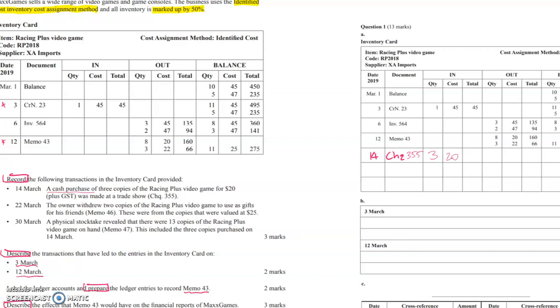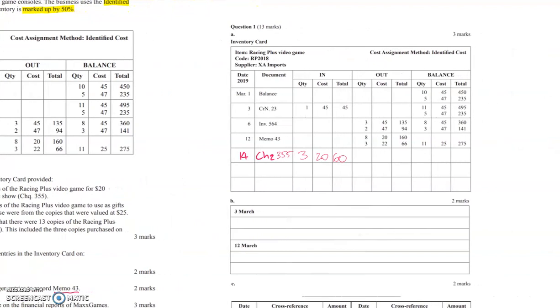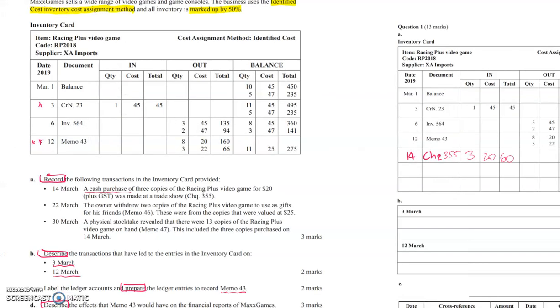So GST is not included in the inventory card, giving us a total value of this inventory purchase of $60, leaving us with, in our balance, $275 of value, and we have 3 coming in at 20 with a value of $60.